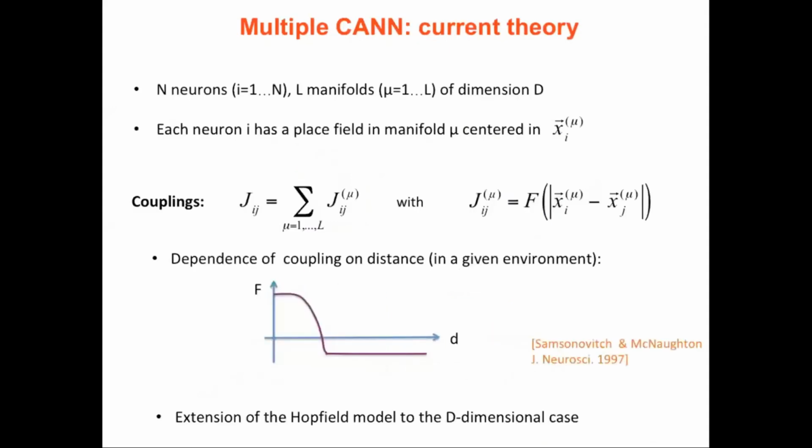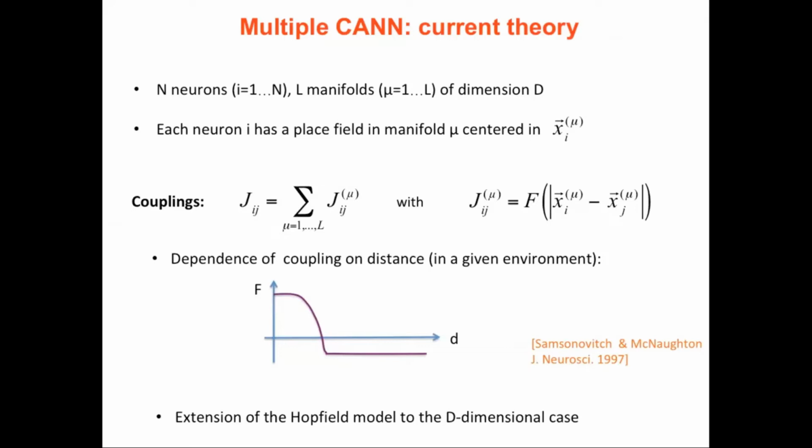Okay, so just to summarize, what we had was a model where we have n neurons and L manifolds, or let's say I call them L maps or L environments, if you prefer, which are d-dimensional manifolds. So in most of the cases, d is equal to 1, 2, or 3. And the main ingredient is that each neuron i was supposed to have a place field in manifold mu, which was centered in some position xi mu, which I chose in a completely random way.